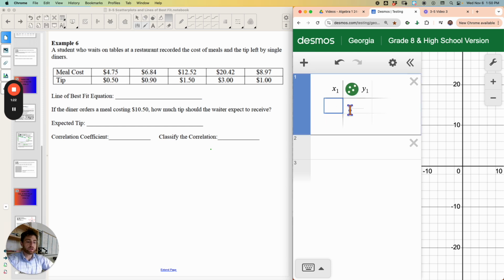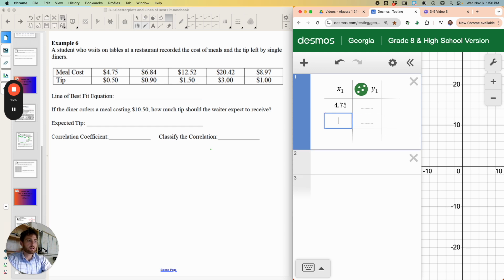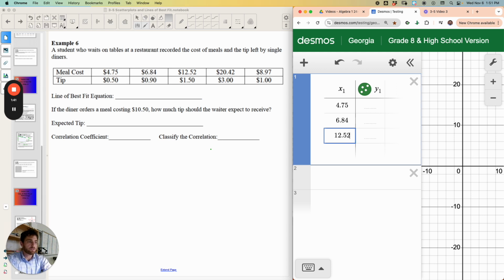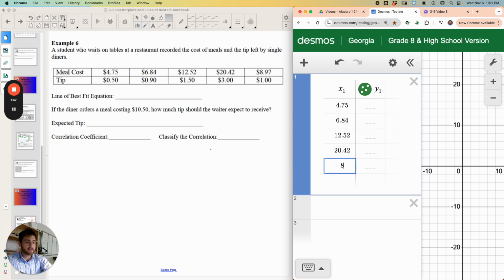And I'm going to plug the meal cost in x1, so 4.75, 6.84. This is just right here where it's trying to predict what I'm going to type next. Just be aware of that. That's not correct. You've got to actually plug in the real data. 12.52, 20.42, and 8.97.